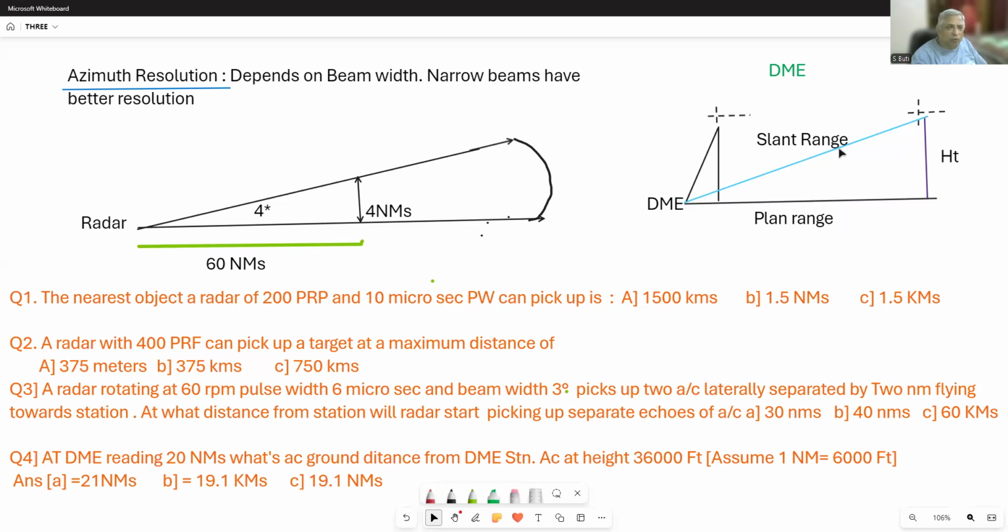These are the types of questions you may expect in radio and radar. And please remember, azimuth resolution depends only on the beam width and not on the PRP, PRF or pulse width, etc. So be careful. Use only the material which is required out of the question, and the rest should be ignored.